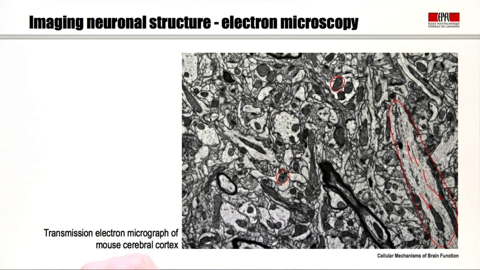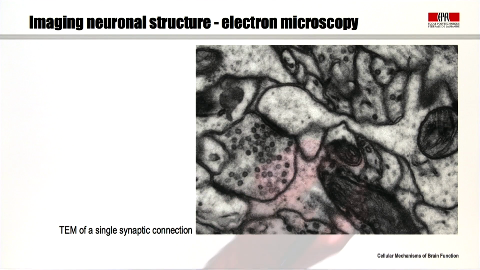If we increase the magnification and look just at a small portion of the image, for example this region here, you see on the right hand side we have a dendrite that's been cut almost transversely, containing a mitochondria, and inside the mitochondria we can see the cristae membranes.